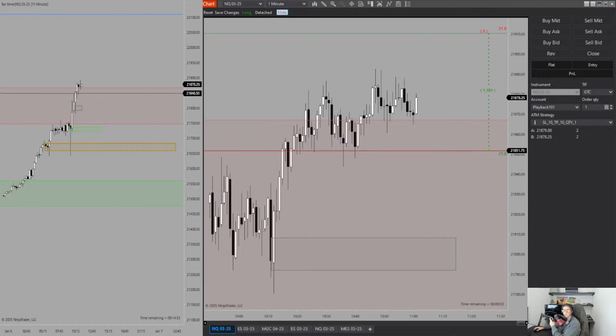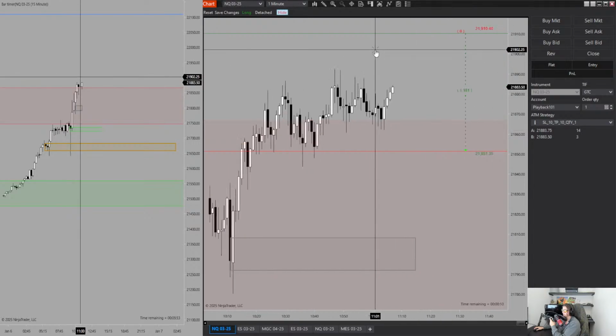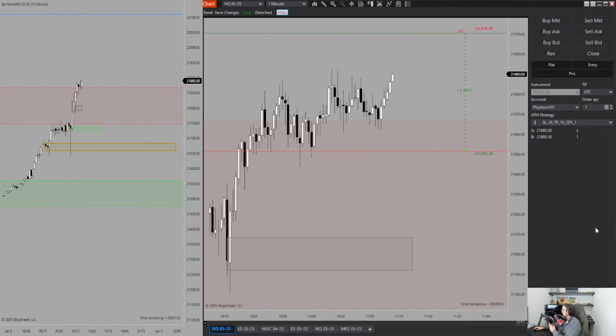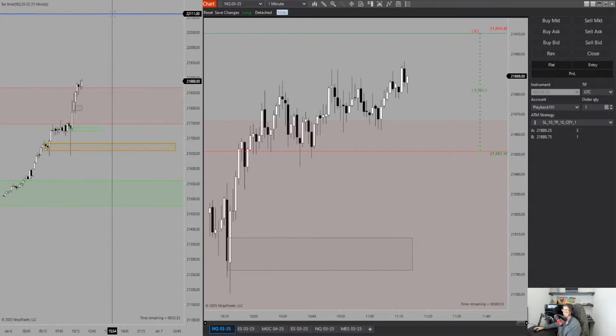Got a new hourly candle. Trading in a range here. Looks like we're still gunning for this high.